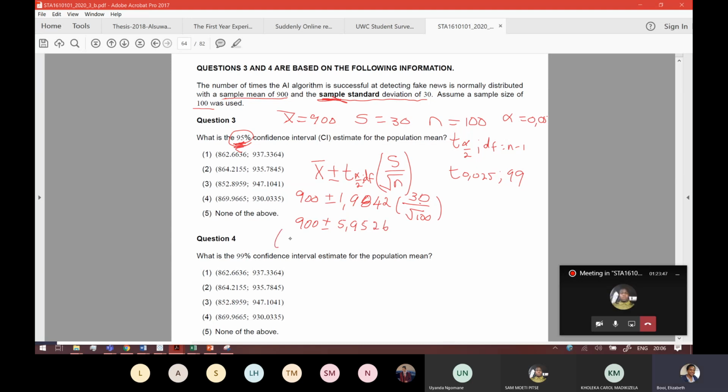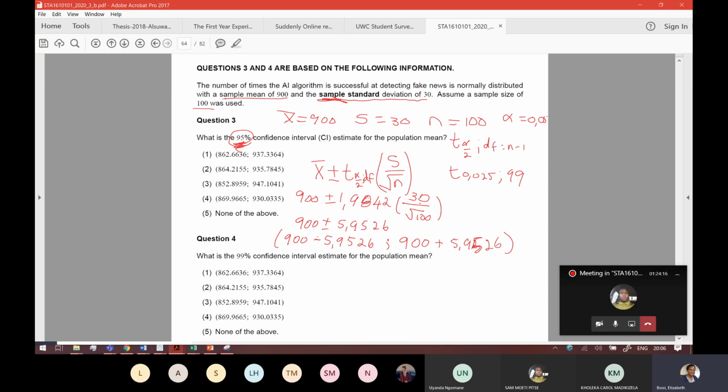You can then just split it in terms of the minus and the plus, the lower interval and the upper interval. 900 plus 5.9526.